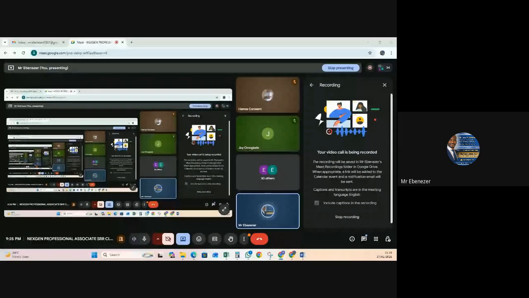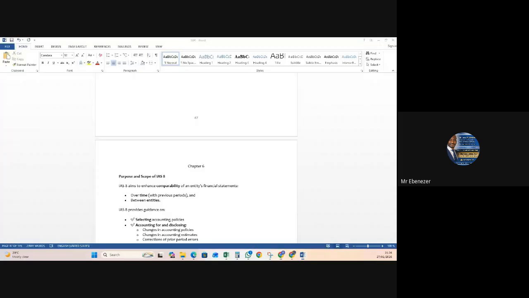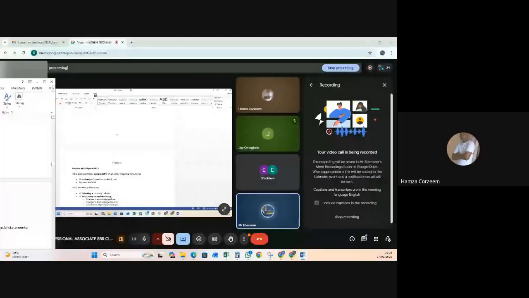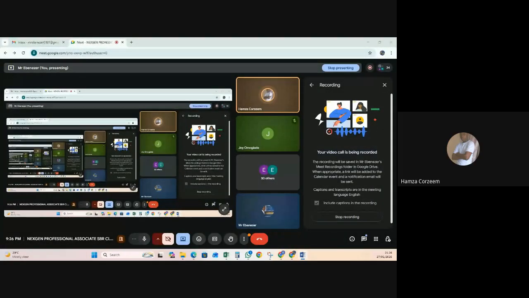The first one we'll be discussing here is CSR, corporate social responsibility. So, what do you understand by CSR? Anyone? Can someone walk us through CSR? CSR, corporate social responsibility, simply means what an entity or an organization is supposed to do to the community in which it operates.